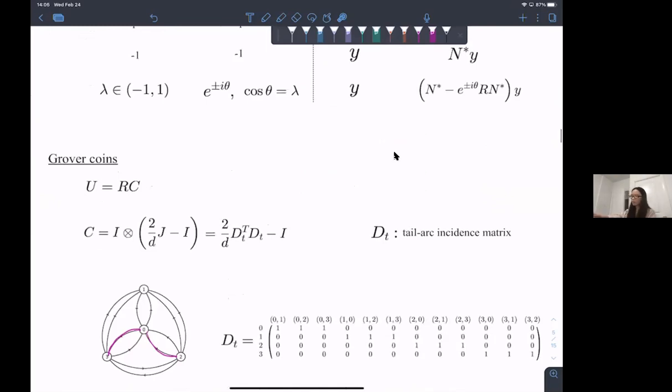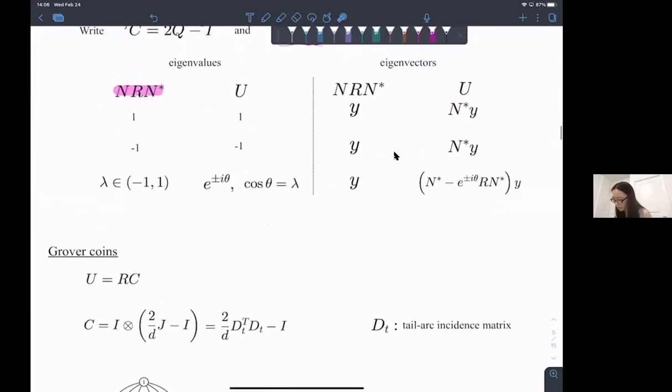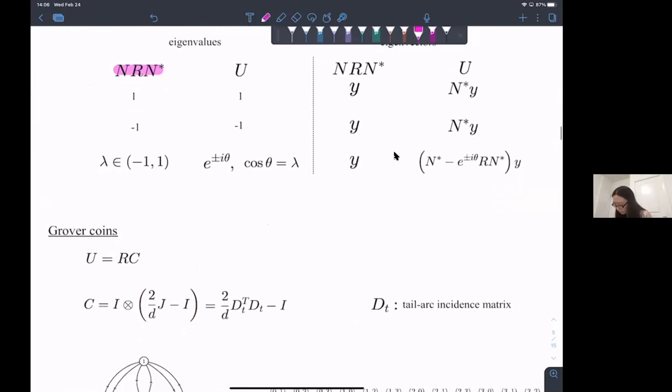Okay, so now let me specialize to a famous coin, the Grover coin, and see what this means, because that pretty much determines the spectrum of U. So let me describe the Grover coin first. It's a linear combination of the identity matrix and the all-ones matrix. So you have a constant diagonal and constant off-diagonal. So what does this mean in terms of the worker?